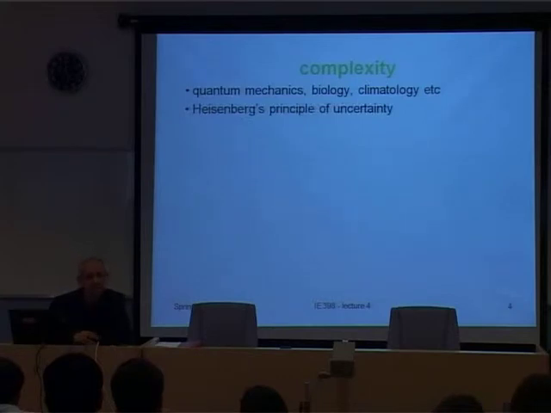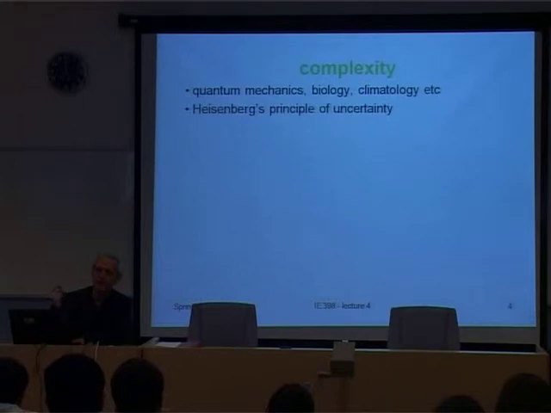So nature was more complex than we thought, and it couldn't be understood easily using a calculus way of thinking, using analysis only. There's also the principle of uncertainty that was demonstrated by Heisenberg, who showed that two attributes of a particle like momentum and mass could not be determined at the same time.